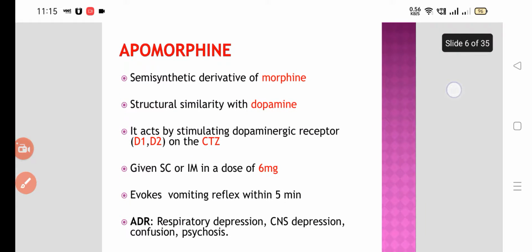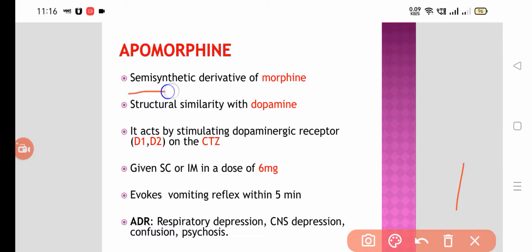Now, we mostly use apomorphine as an emetic. Apomorphine is a semi-synthetic derivative of morphine, an opioid. It has structural similarity with dopamine, which is a neurotransmitter.